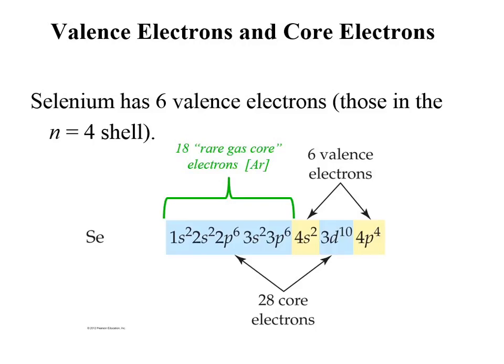Now I said you identify valence electrons by the highest n. Can you see where the yellow marks the valence electrons, and n is equal to 4. So we have 6 valence electrons. Selenium is a group 6A. That's perfect.